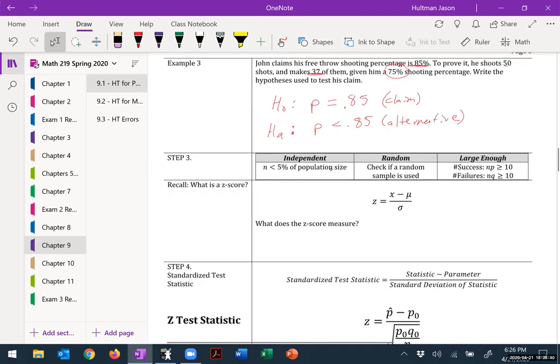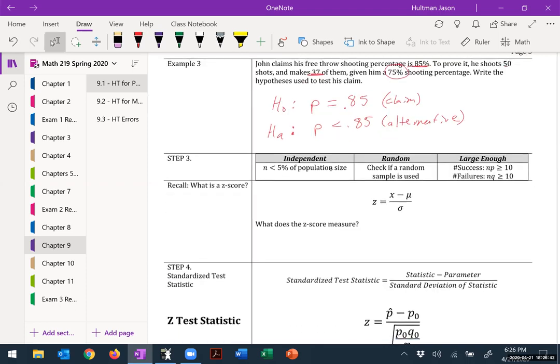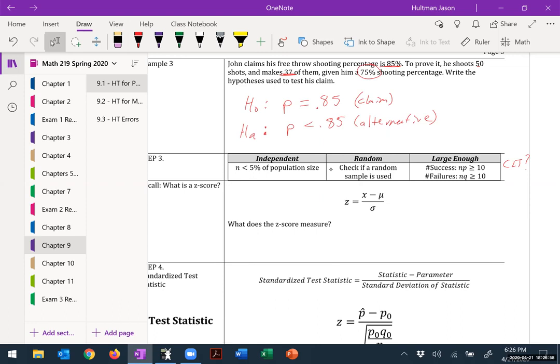Okay, step 3. Is it independent, random, or large enough? We want to test, is the central limit theorem satisfied? Is the CLT satisfied? Can I use a normal distribution?